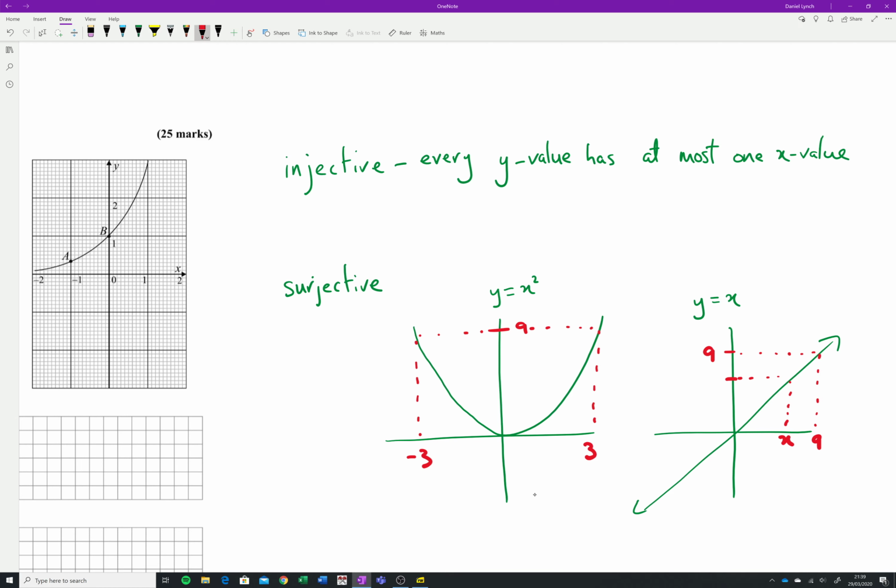But if it has more than one x value associated, in this case 3 and -3, those are 2 x values that will give you that y value. So this one is not injective, whereas this one is injective. Every y value has at most one x value.